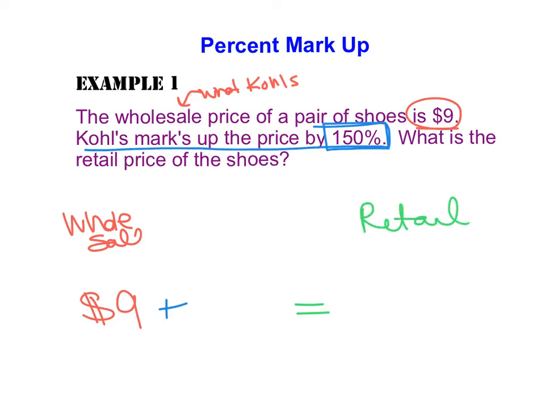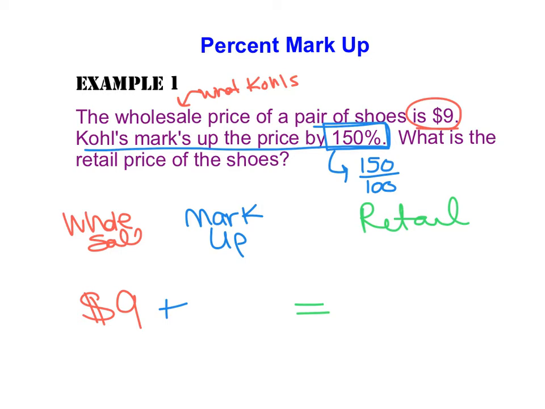What we have to calculate is the markup value that we need to add on to that $9. So Kohl's marks up the price by 150%. We need to turn 150% into a number or a decimal that we can use. We can do that by taking 150 and putting it over 100.